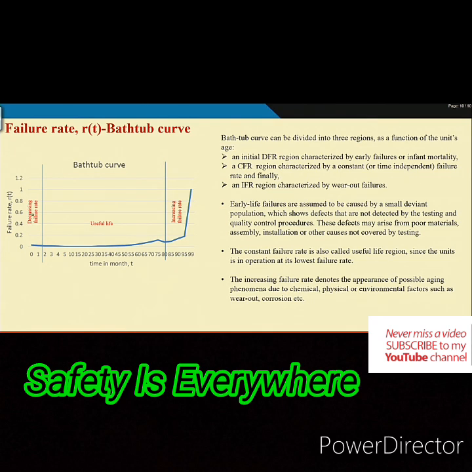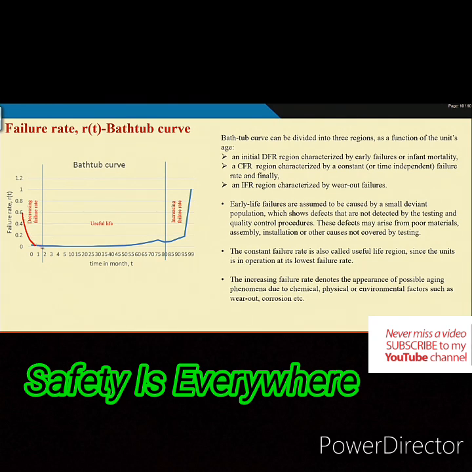In general, when you talk about the life cycle of the unit, usually it will be like this, but from our data we got this blue colored curve. But if we consider the life cycle of the unit, then you will find the hazard rate will be like this. If the hazard rate is like this, then there are 3 regions.